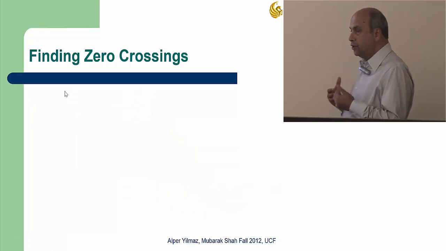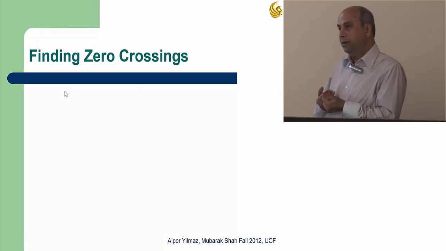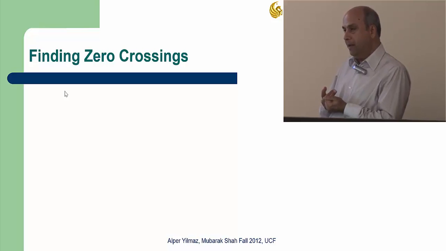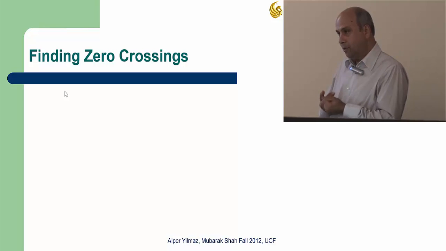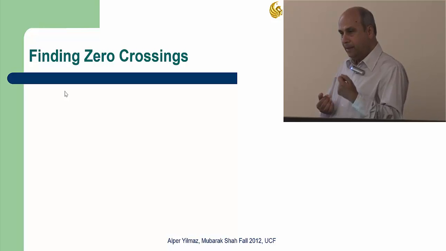So now once we know how to generate a filter and apply it to the image, then we will find the zero crossings to find the edges. So as I said, it's a major difference: instead of finding the maxima in the magnitude of gradient, here we are finding zero crossings in the Laplacian.